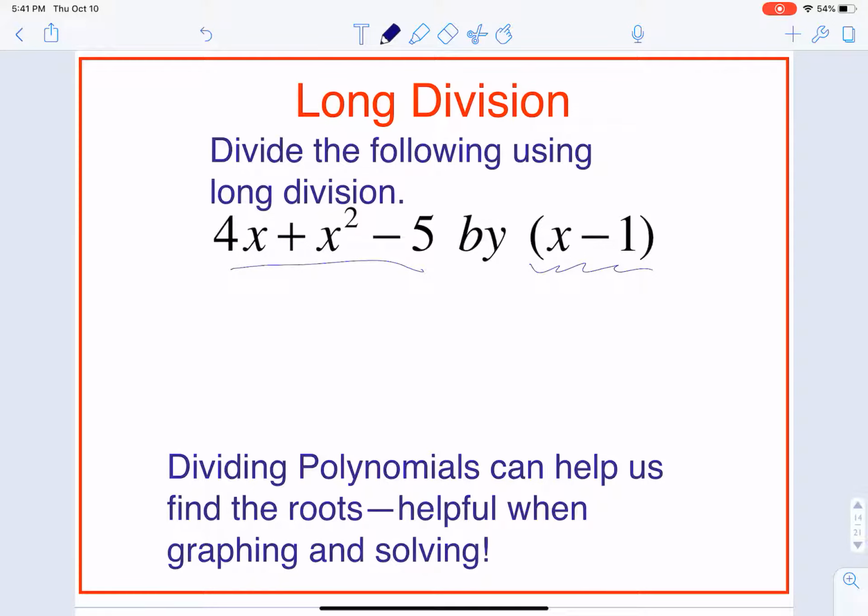So again, dividing polynomials can help us find the roots, which is super helpful when we're graphing, when we're solving a standard equation, or when I'm trying to find the landing point of a ball in a quadratic problem, or I'm trying to find a minimum or a maximum value. The roots also have lots of applications for us as well.